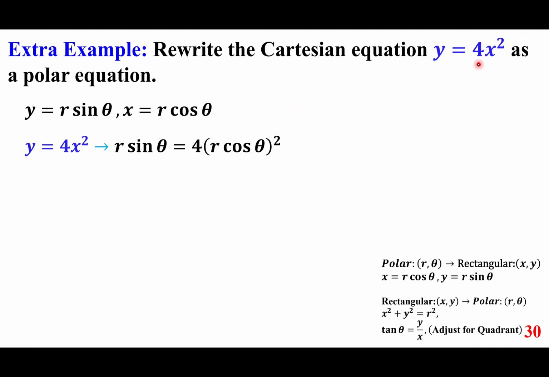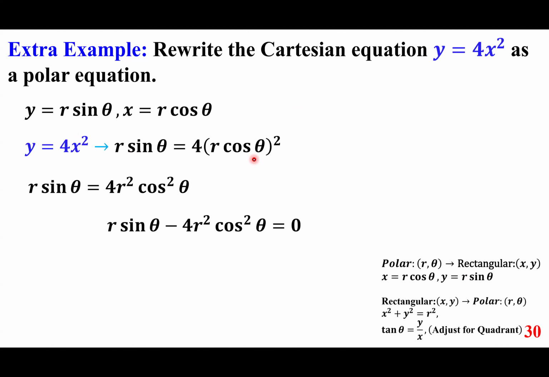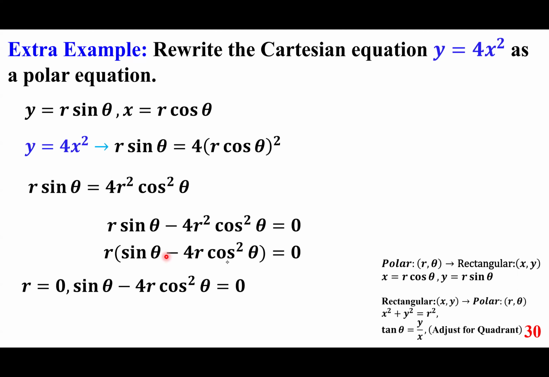We're going to replace. So y is r sine theta, 4 times quantity x, r cosine theta, squared. So this becomes 4 r squared cosine squared. We take them to the same side. Obviously, we can factor the r out. So either r is 0 or the parentheses sine theta minus 4r cosine squared theta equal to 0.